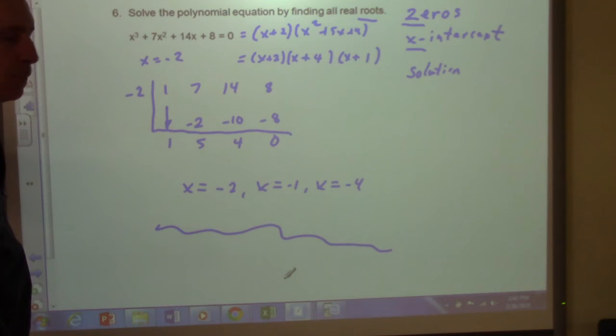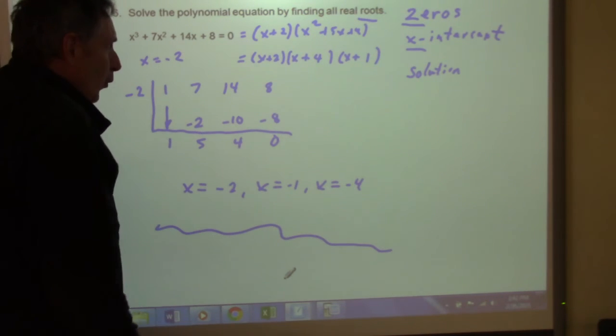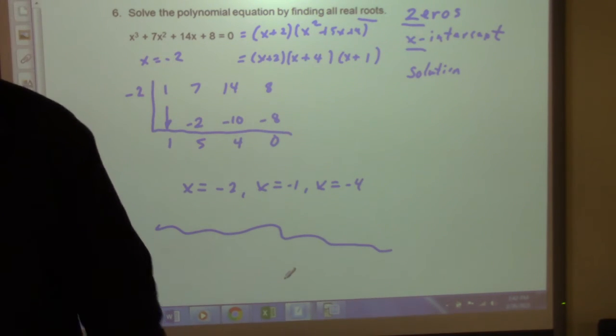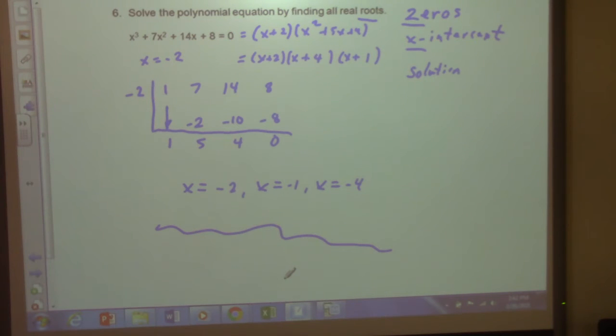How it violates it is this: your potential list of zeros is going to be plus or minus factors of 8 over factors of 1.